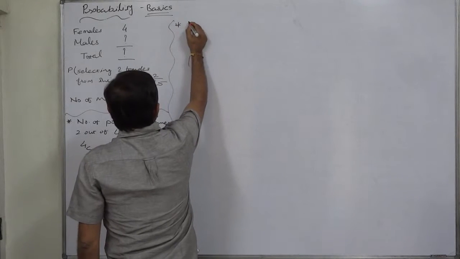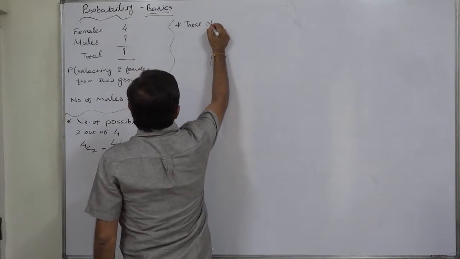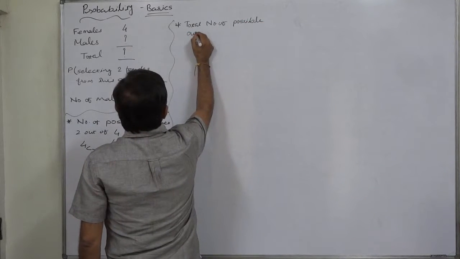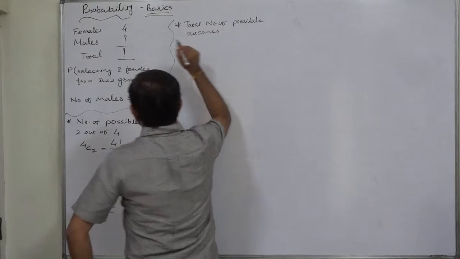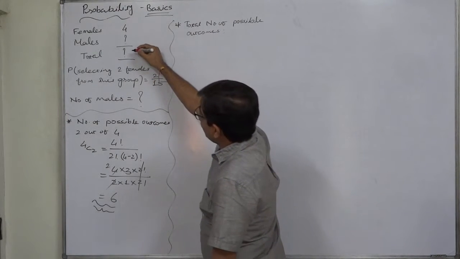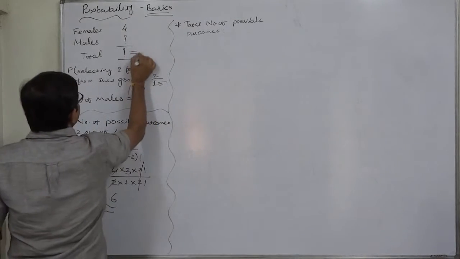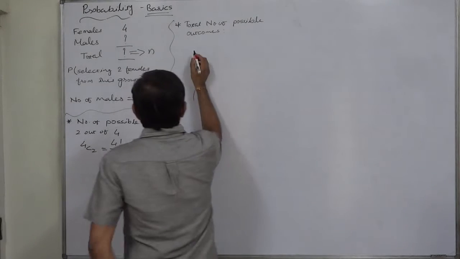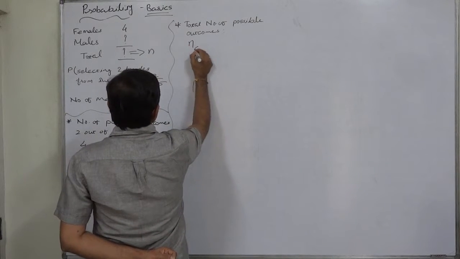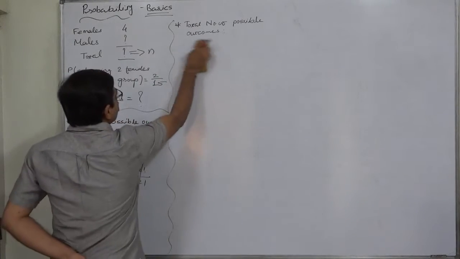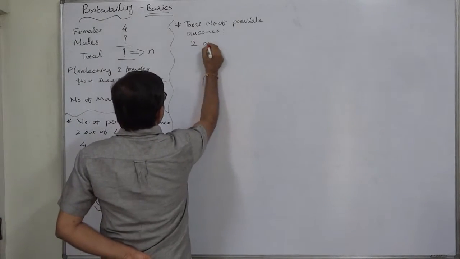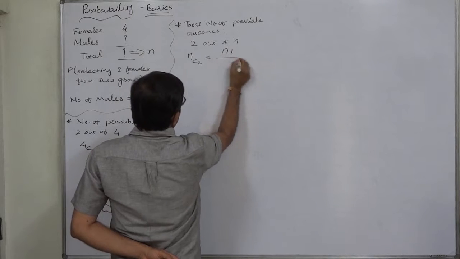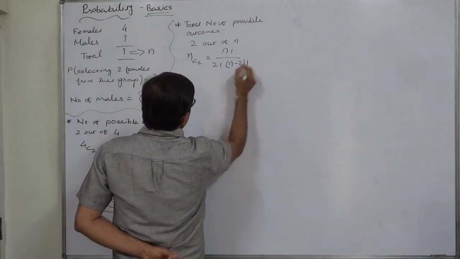Now total number of possible outcomes. Say n persons are in the group, and 2 out of n are selected. That is nC2, which is n factorial upon 2 factorial into n minus 2 factorial.